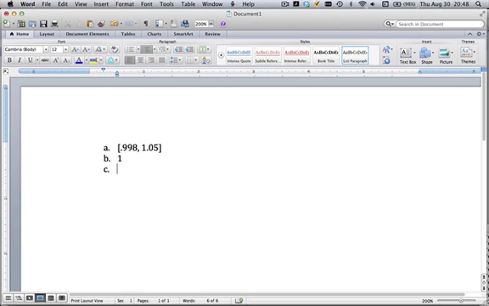Part C, find hypotheses H0 and H1. Well, I think we should first identify the parameter. So let mu equal the true mean weight of all loaves produced today.